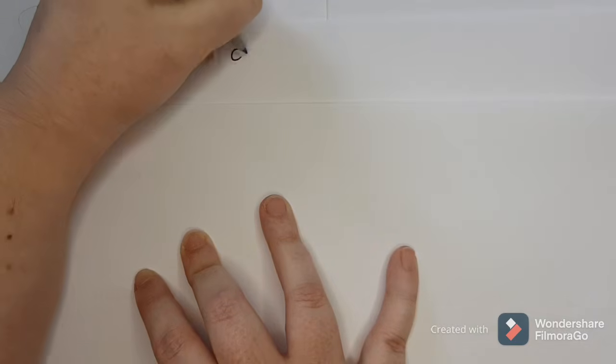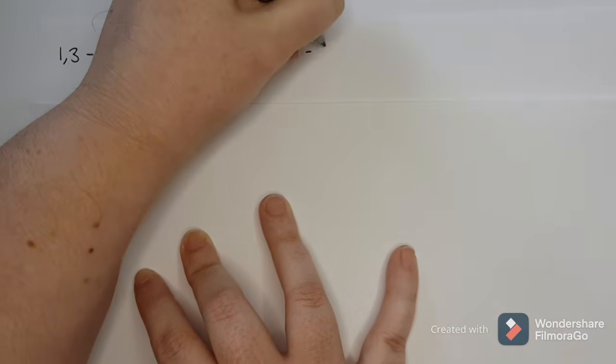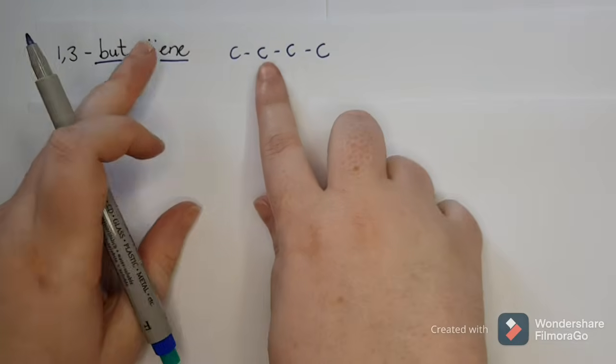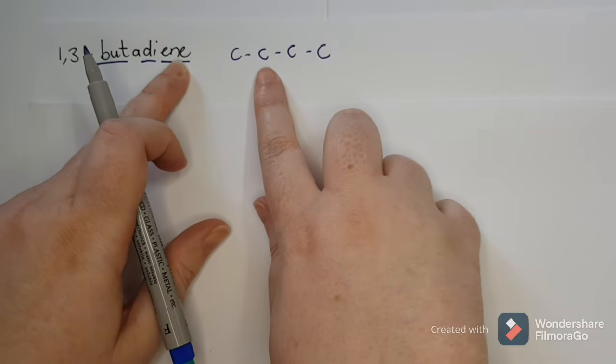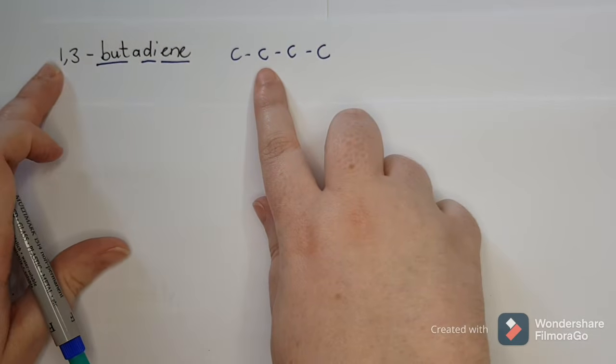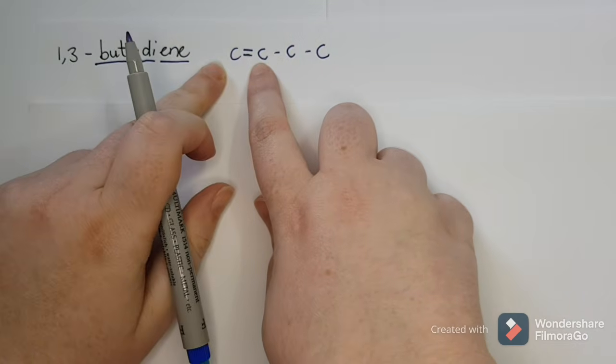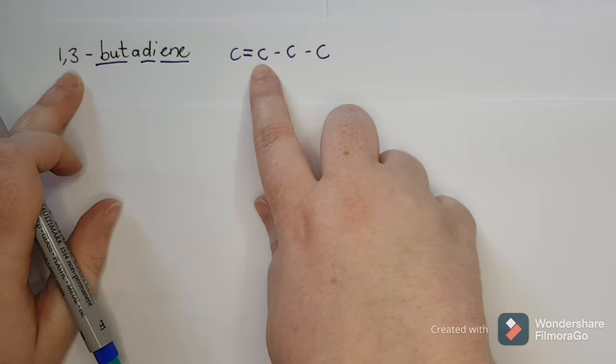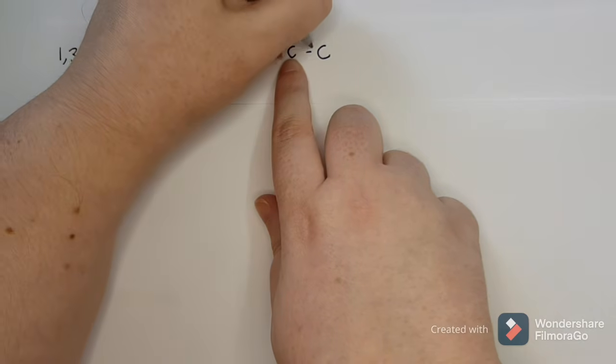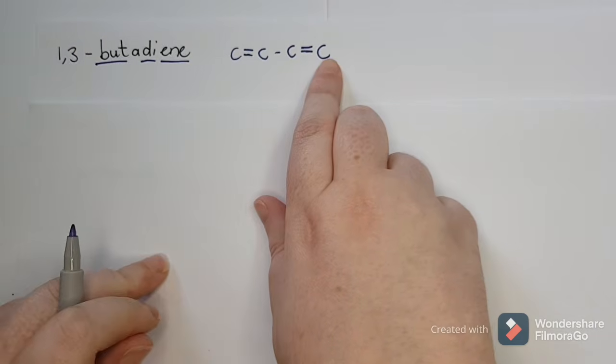So I'm going to draw my 4 carbons first. Then I'm going to fill in my functional groups of my alkenes, and that's on carbon 1. So from there, between carbon 1 and 2, and then on carbon 3, so between carbon 3 and 4.